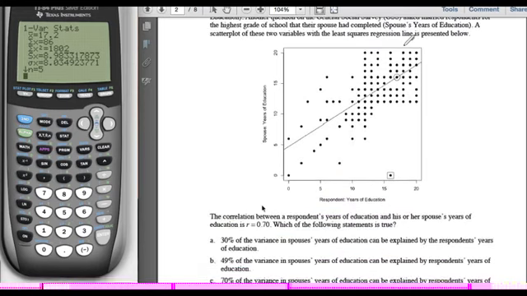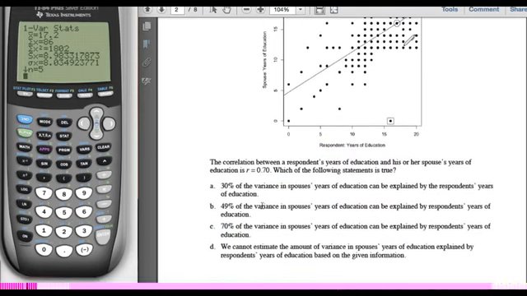On number 5 here, just to save some time because I've read ahead, the correlation, or the r, between a respondent's years of education and his or her spouse's years of education is r equals 0.70. Which of the following statements is true?